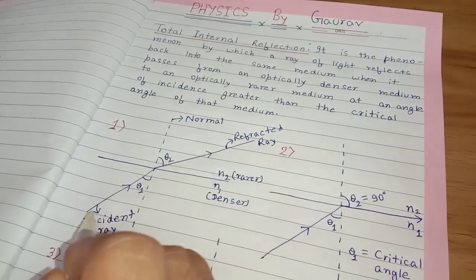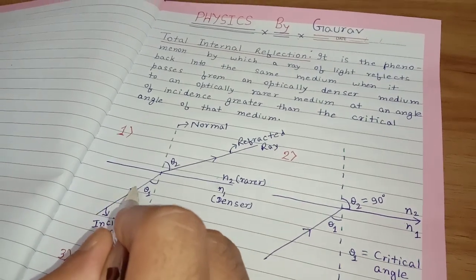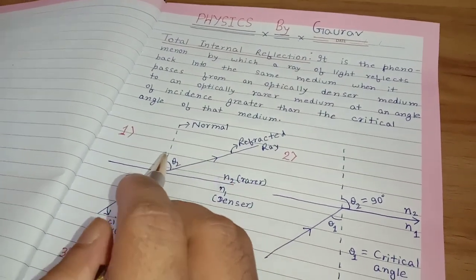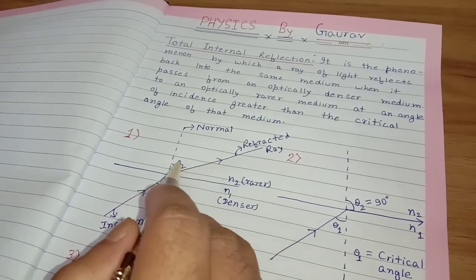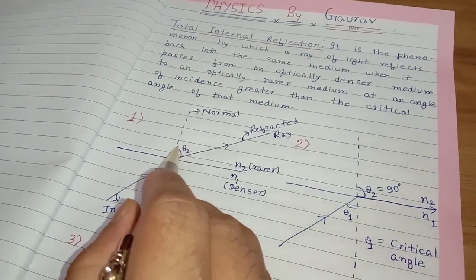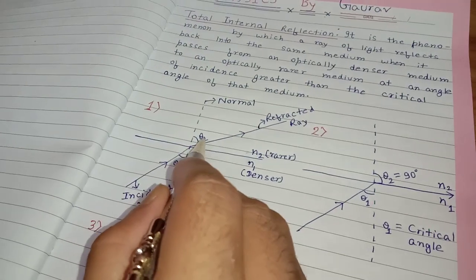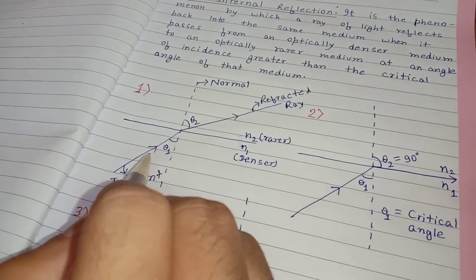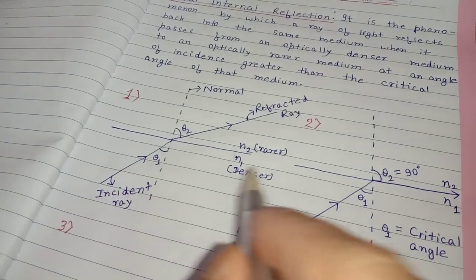So when this ray passes through the denser medium and enters a rarer medium, it gets refracted away from the normal, by a bit of an angle. So you see that the angle theta 2, the refraction angle, is greater than the incident angle, that is theta 1.